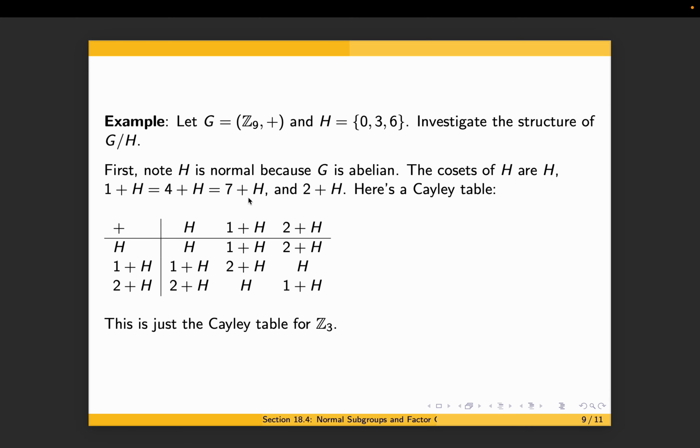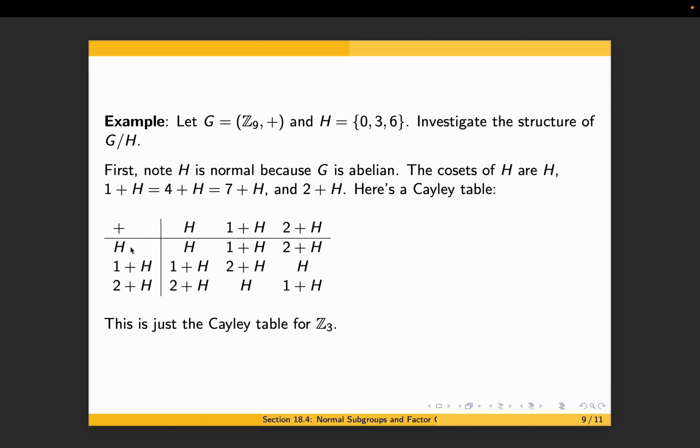But 2 plus 2 being 4, remember 1, 4, and 7 are all the same now. You've glued 1, 4, and 7 together. So 2 plus 2, it used to be 4 back in Z9, but now you're just living in the coset 1 plus H. So 2 plus 2 is now the coset 1 plus H. Or you could write 2 plus 2 is 4 plus H, but you have to know that 4 plus H and 1 plus H are the same set now.